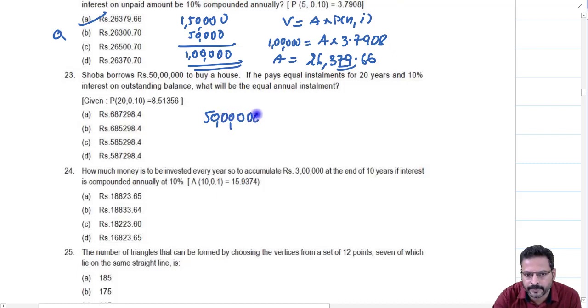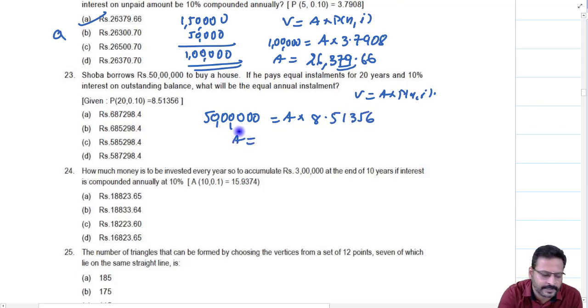So that means present value. So V is equal to A into PVIFA. PVIFA is given, so 50 lakhs equals A into 8.51356. So therefore A is equal to 50 lakhs divided by 8.51356.